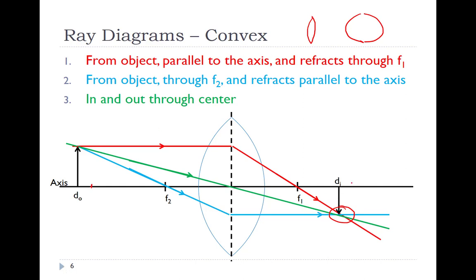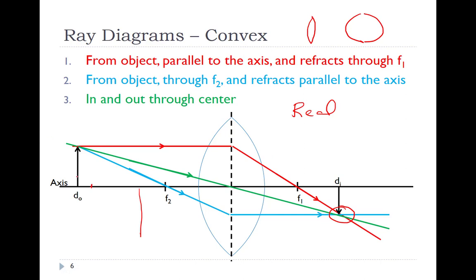Okay, so this is a real image. It is behind our lens. If I were to try to put a screen here, all I would do would be blocking light that gets to the lens. It would not affect where the image would form. So it's a real image.